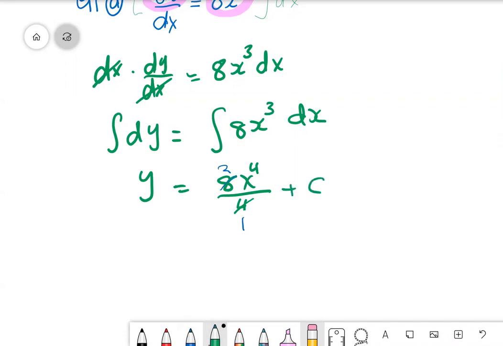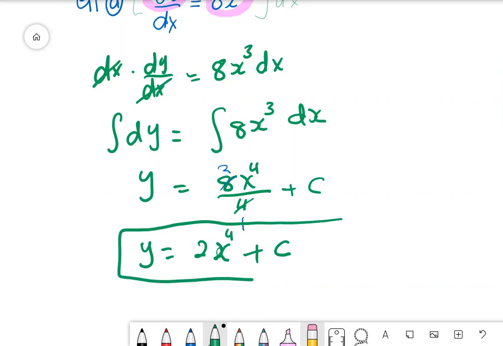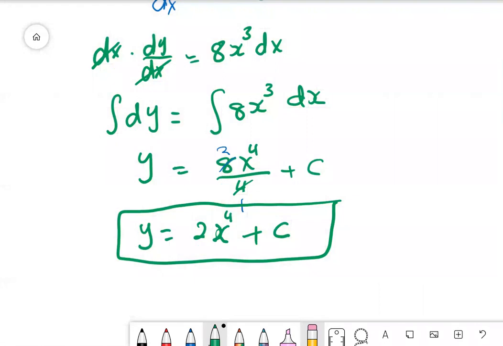Don't forget the c. So y equals 2x to the power 4 plus c. This is the general solution in terms of x and y plus c. They didn't give us the values of x and y, so that's what it is.